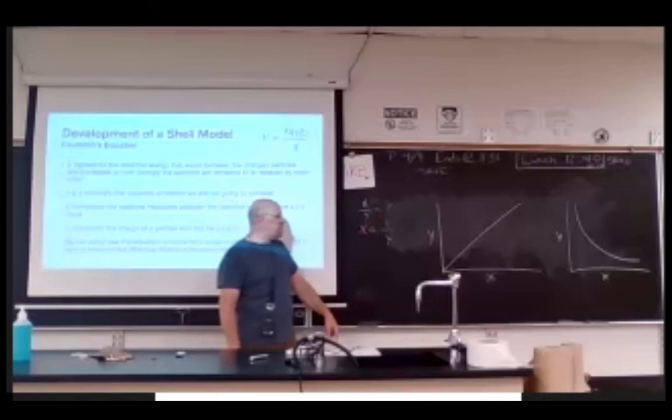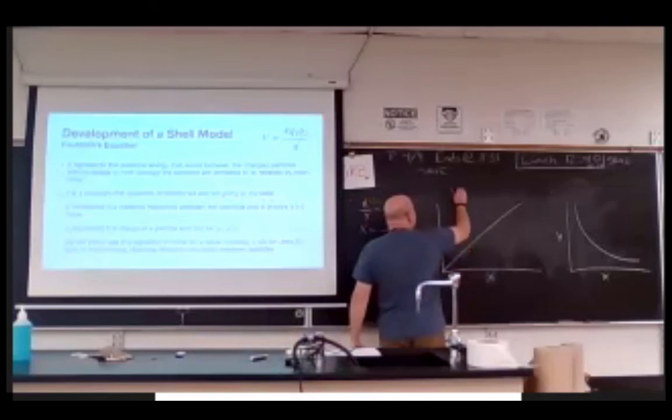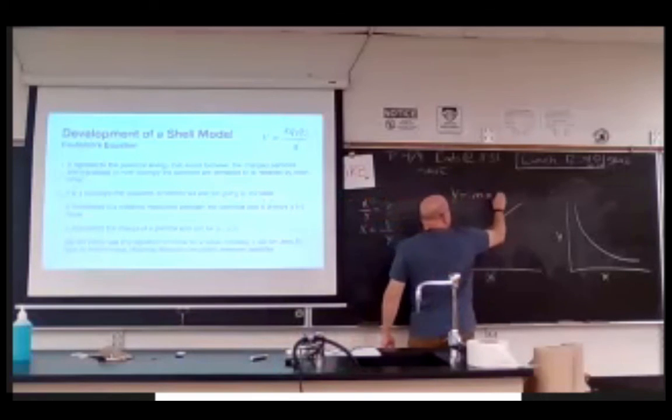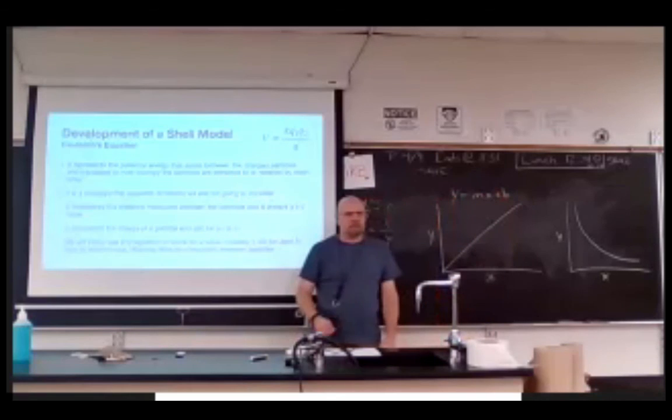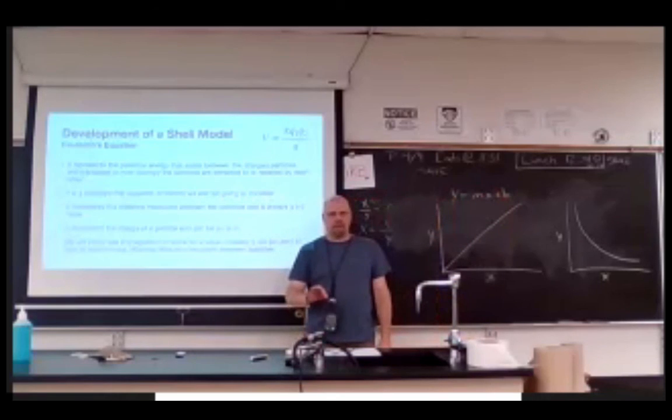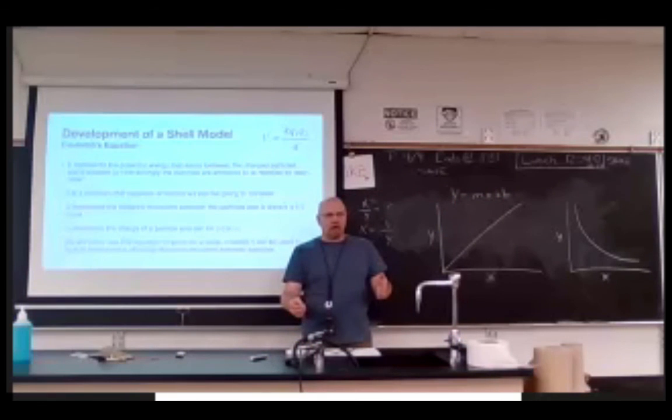What's the equation? The equation for a straight line is y equals mx plus b, right? Okay with that? So where should b occur if we're dealing with data, with measurements?